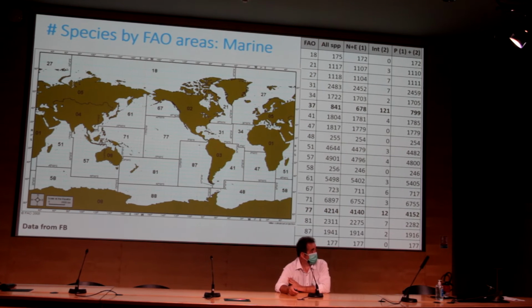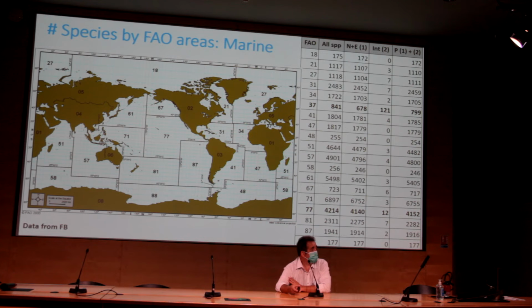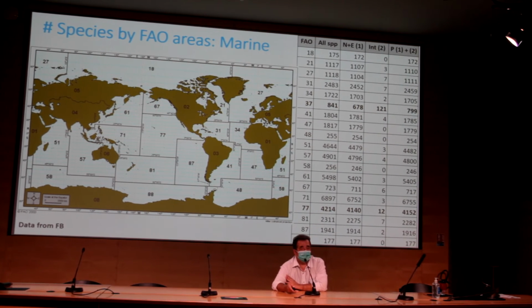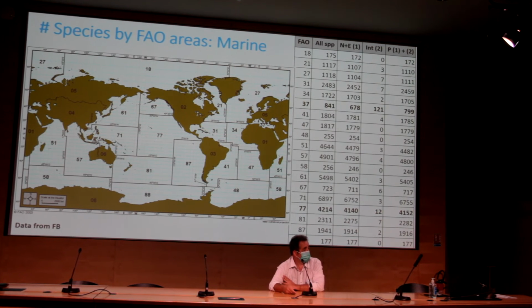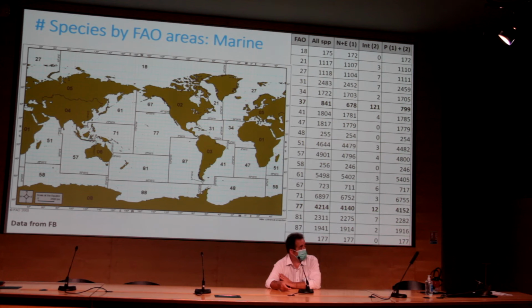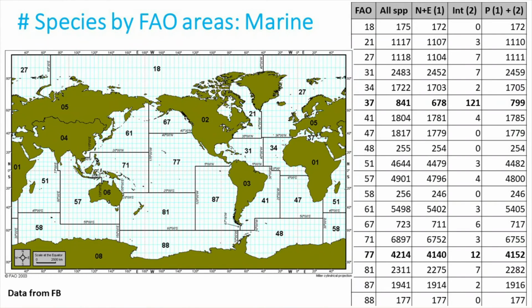The same for marine areas, and here it's the Mediterranean that is quite remarkable in terms of introduction because of the reception migrants. And also in the area 77, because there were some tries of introduction of species from other parts of the Pacific Ocean.